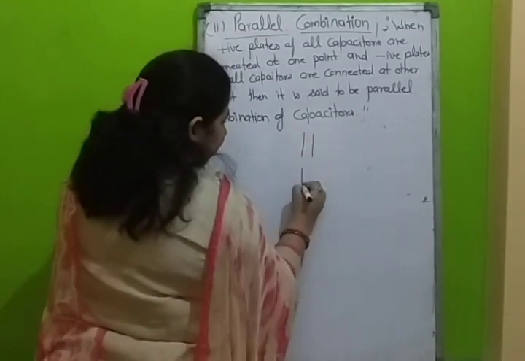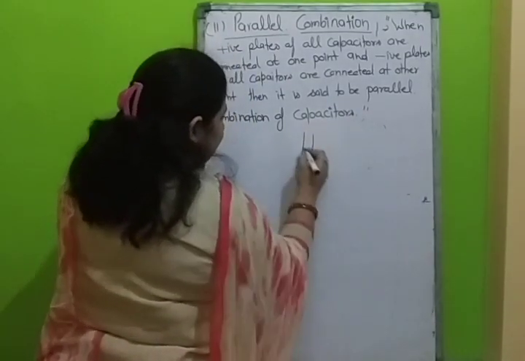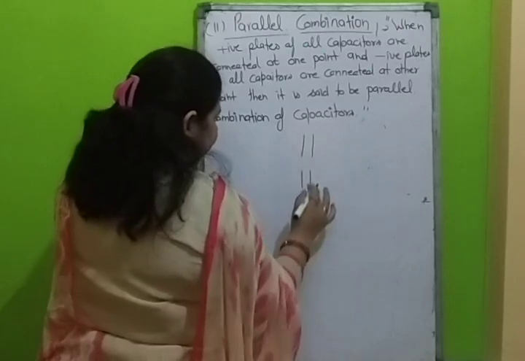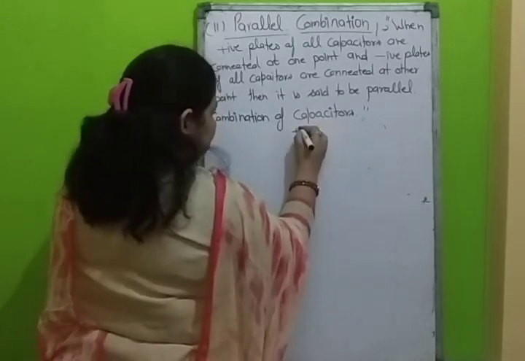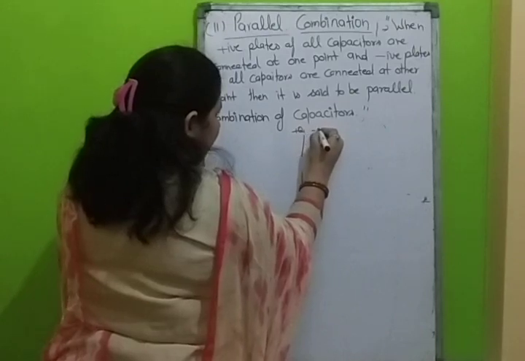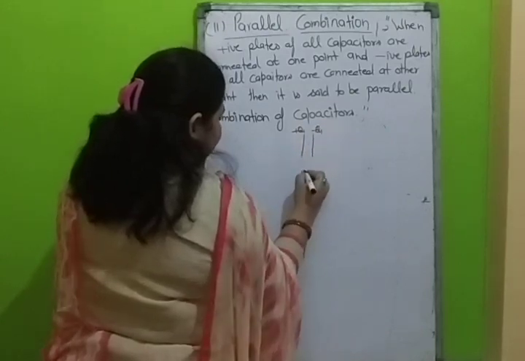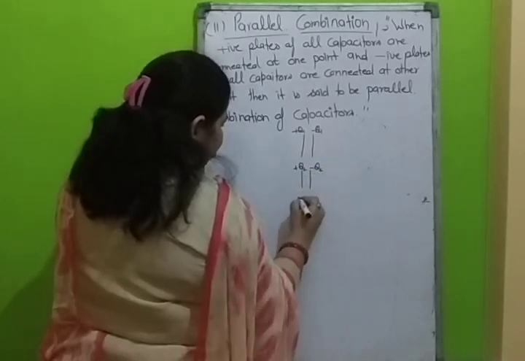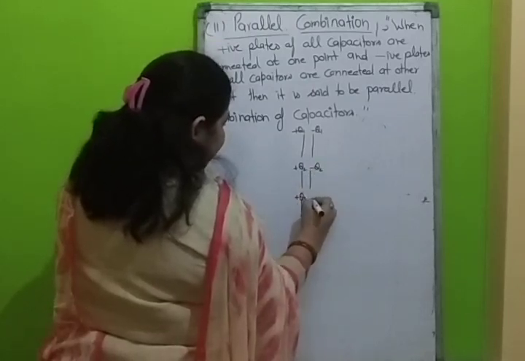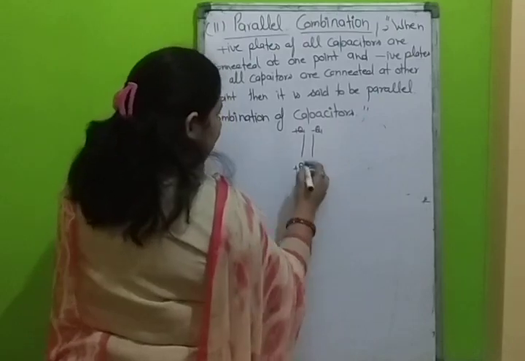Suppose we have 3 capacitors with charges plus Q1 minus Q1, plus Q2 minus Q2, plus Q3 minus Q3.